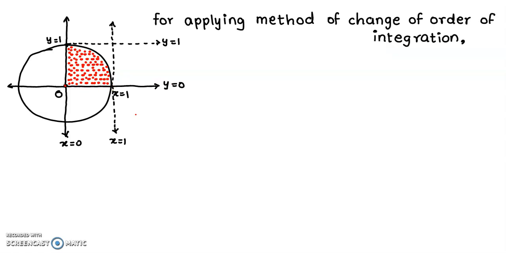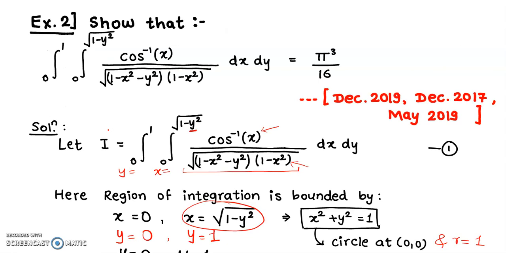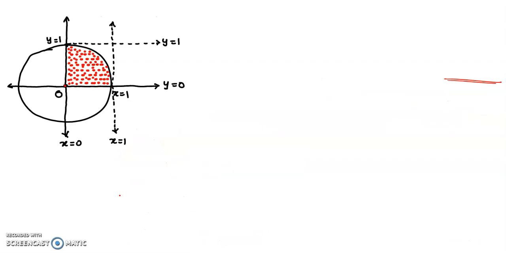So for applying the method of change of order of integration, we consider a strip parallel to the y-axis. Now why consider a strip parallel to the y-axis? Because if the range of integration for the variable contains y in it, you cannot integrate this function with respect to x. So we need to find a variable range for y. Since we are calculating the range for y, we consider a strip parallel to the y-axis.